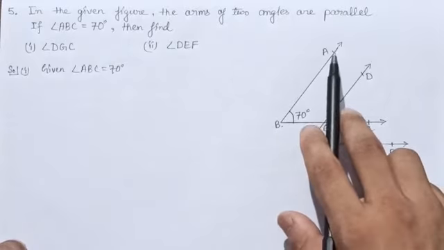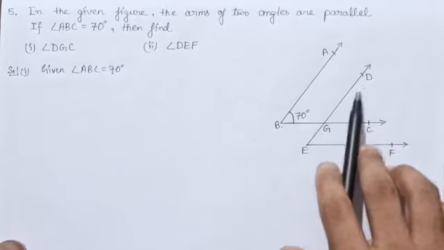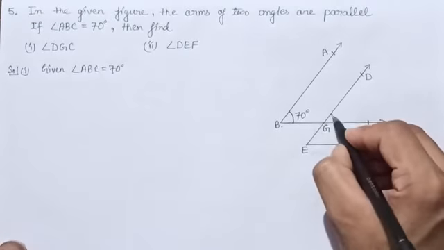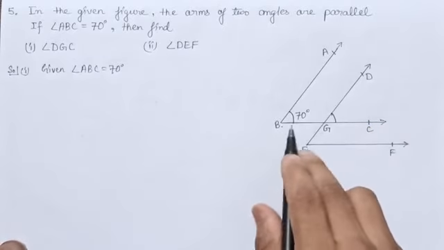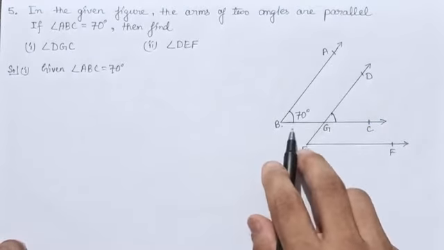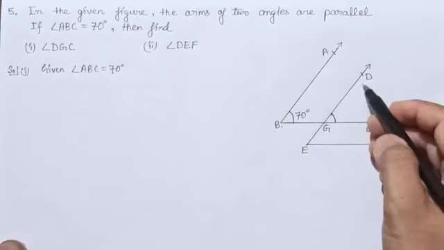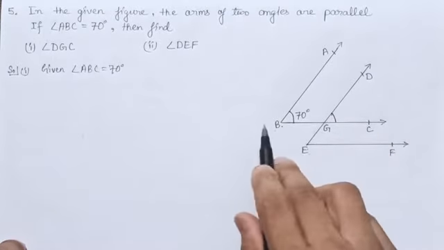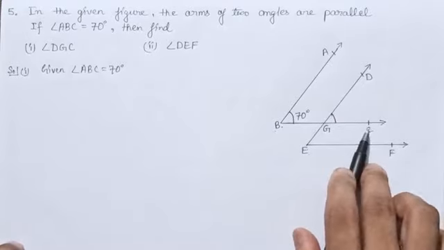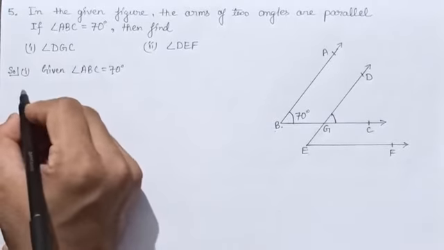Here ABC and DGC, that is this angle, form a pair of corresponding angles. So these two angles must be equal because AB and DE, which are parallel lines, are intersected by a transversal BC.